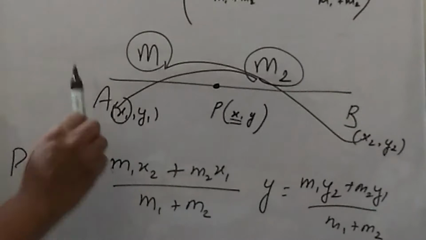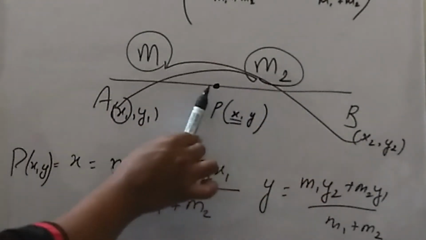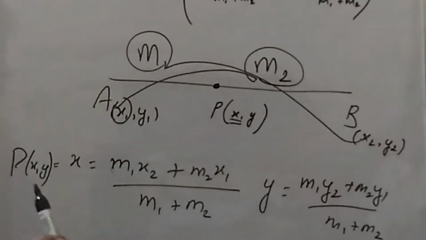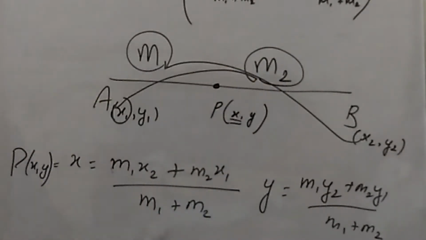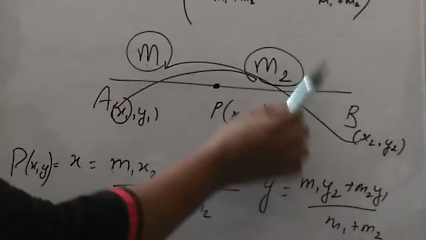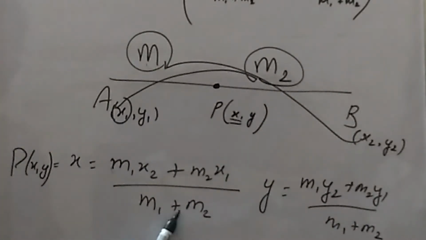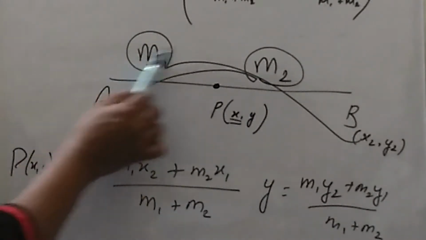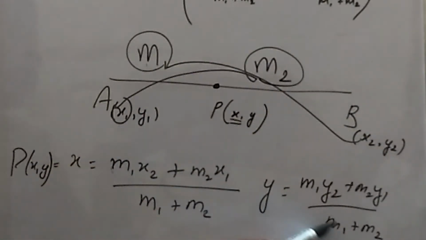So when will we apply this formula? When the line is divided by some point in a ratio m1, m2: m1 into x2 plus m2 into x1 upon m1 plus m2, then m1 into y2 plus m2 into y1 upon m1 plus m2.